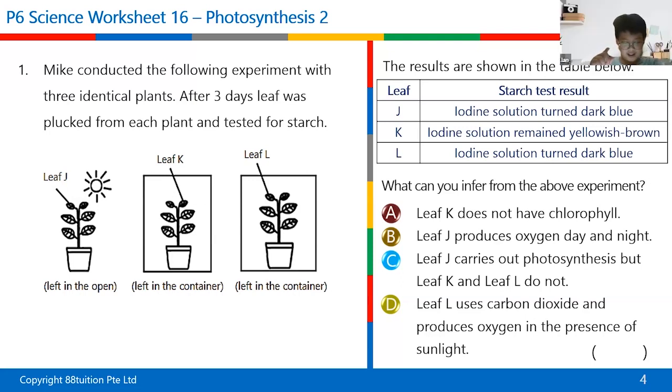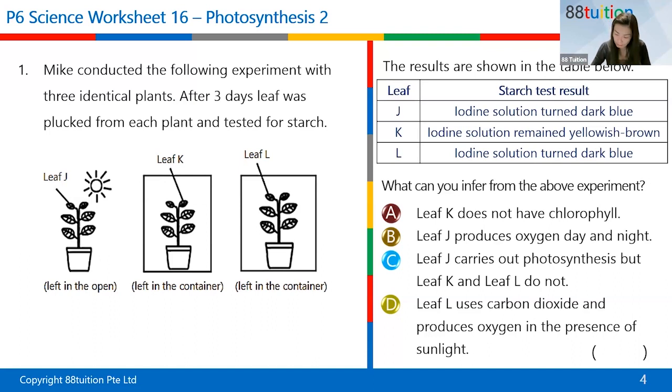I thought leaf J is dark blue, so I thought it was the iodine solution. Okay, leaf J, the iodine solution turned dark blue, right? But L also. Can you see L? Look at the starch test result for L. You're not the only one who chose C. Nabil, you also chose C, right?